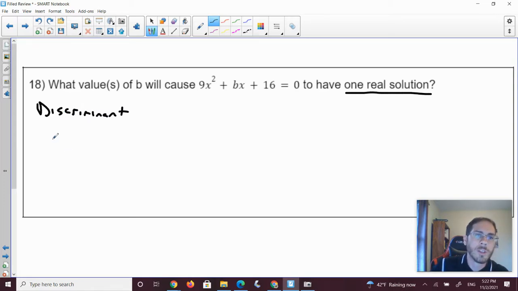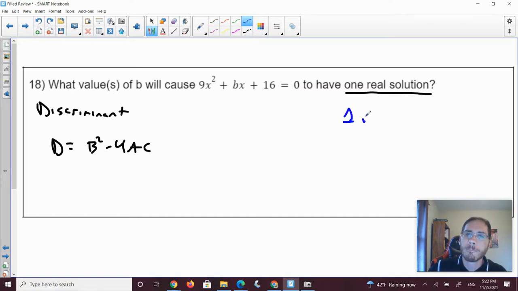The discriminant equation is D equals b squared minus 4ac. And we know if we want one real solution, the discriminant has to be equal to 0. There's a lot that we have to kind of know in order to answer this one. So I'm going to put 0 in for the discriminant. I know a. a is 9.